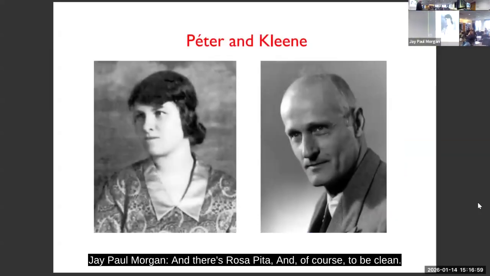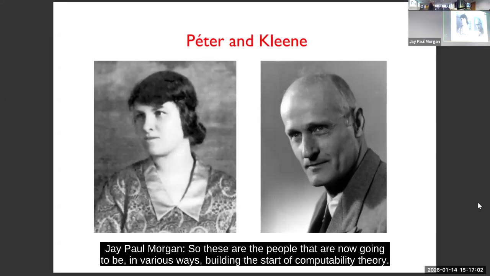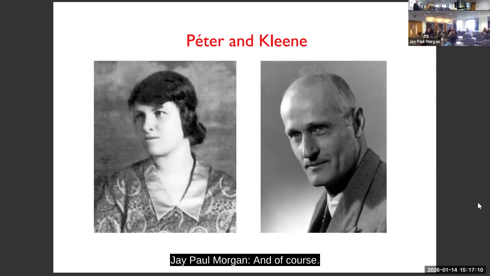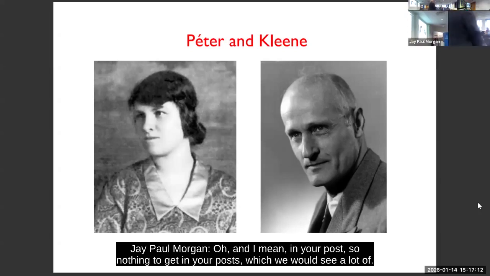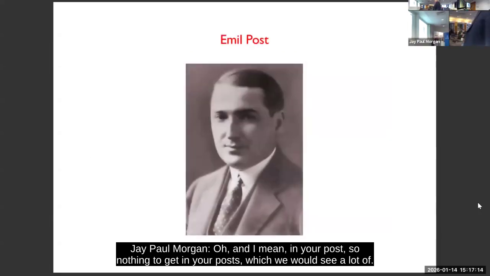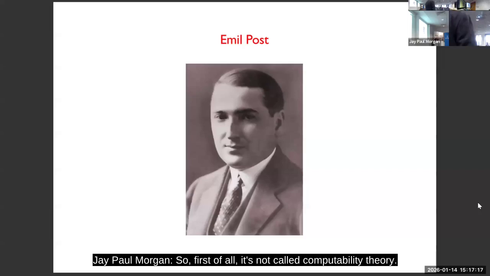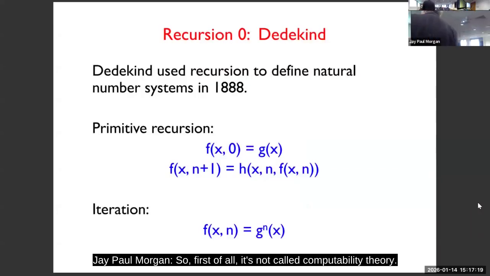And there's Rózsa Péter, and, of course, Steve Kleene. So these are the people that are now going to be, in various ways, building the start of computability theory. And of course, Post, I'm not forgetting your Post, which we will see a lot of.